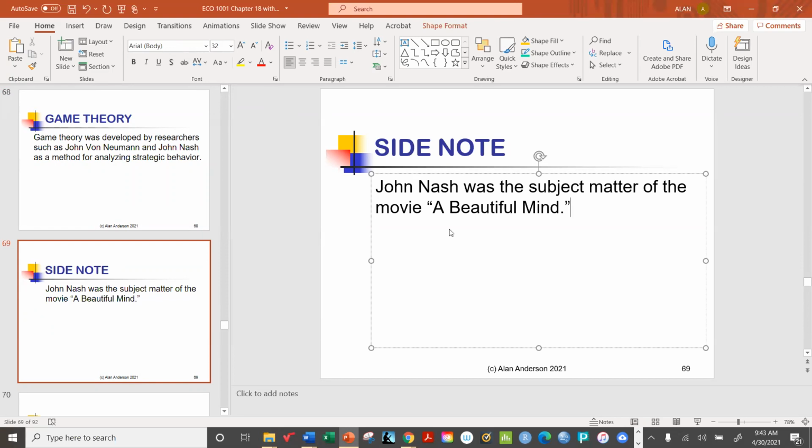And so 30 years of his life were wasted being schizophrenic and not really being able to do anything useful. And finally, he started to recover towards the end, and he started to do more research. But his results from his doctoral dissertation were so amazing that he still was awarded the Nobel Prize in economics. So it's a very sad but uplifting story, and it's a true story.